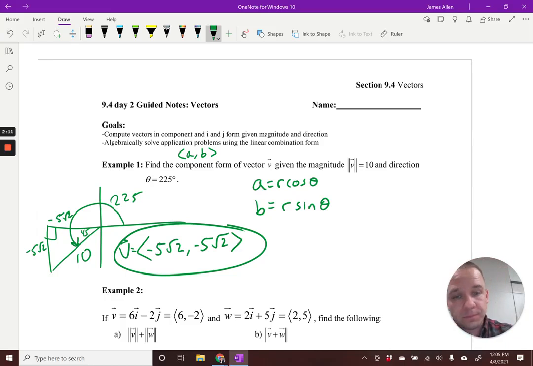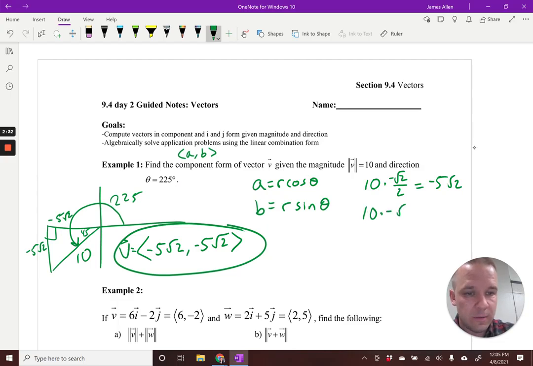So let's go for this. Well, I would have A is R cosine theta, so that would be 10 times, and then cosine of 225 would be negative root 2 over 2. So that gives me my negative 5 root 2. And then our B would be the same thing.